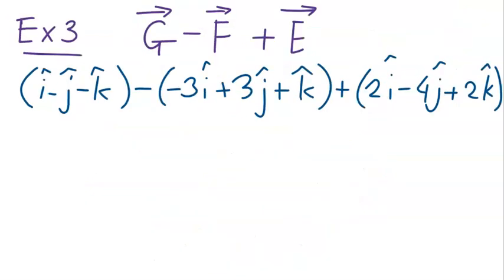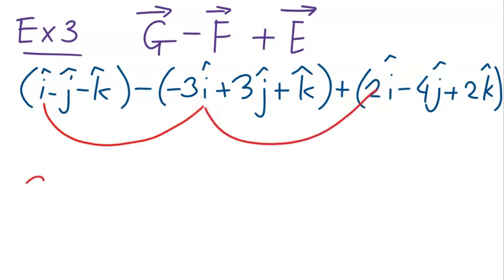Now you can combine the operations like shown here. So let's see how to do this. Again, you stick i with i's, j with j's, k with k's. So i with i, so 4i plus 2i, that is 6i hat.